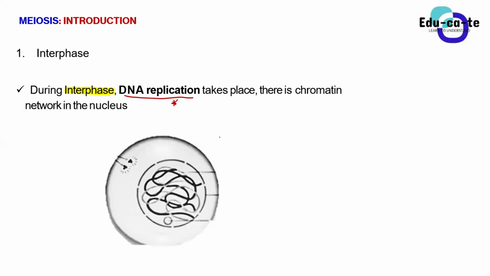Do you guys see the cell here? This is your cell. Do you guys see the nucleus there from this diagram? Yes, we have a nucleus, and inside the nucleus we've got threads here. What are these threads known as? Network. That's the chromatin network.